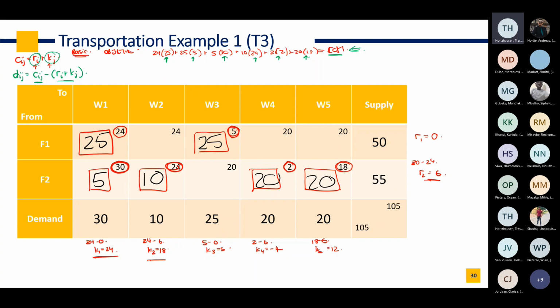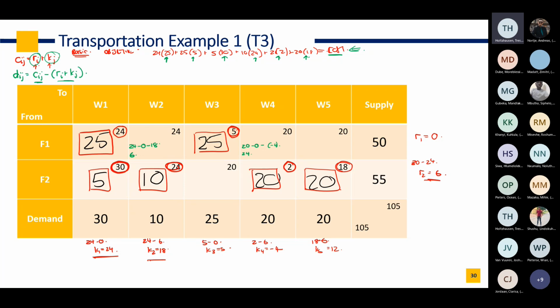So let's go ahead and work out all our differences. Again, it's your 24 minus 0 minus 18, and that is going to give us 6. Then we go 20 minus 0 minus 4, and that's going to give us 24.